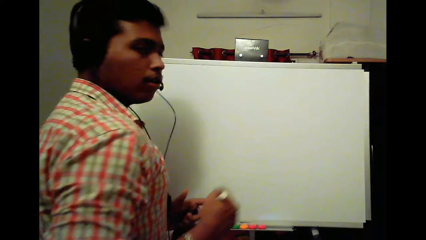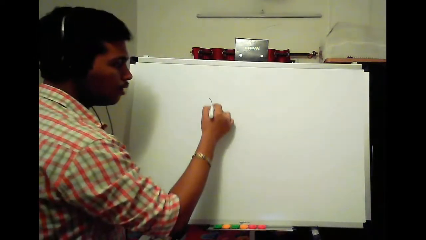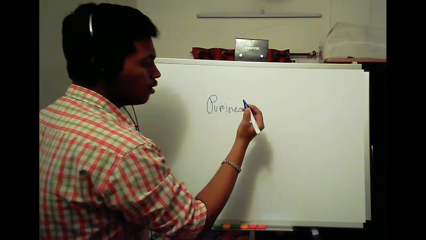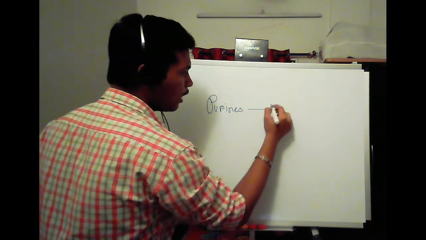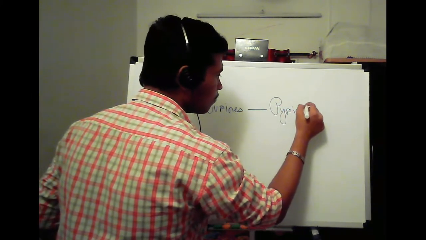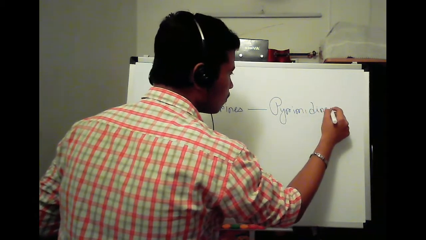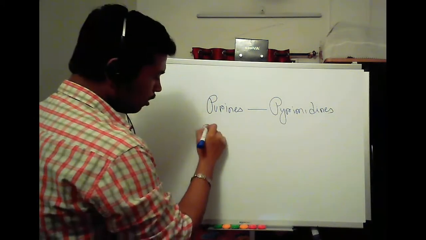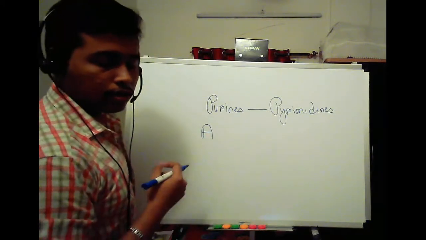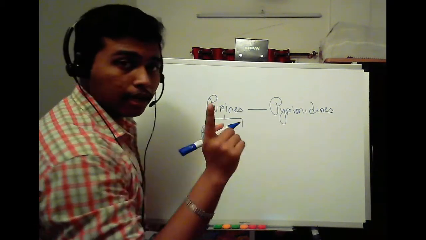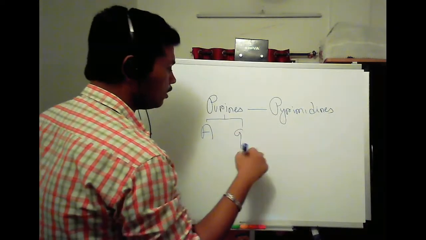Guys, one more piece of information. Always remember this: purines always connect with pyrimidines. Purines consist of adenine and guanine.